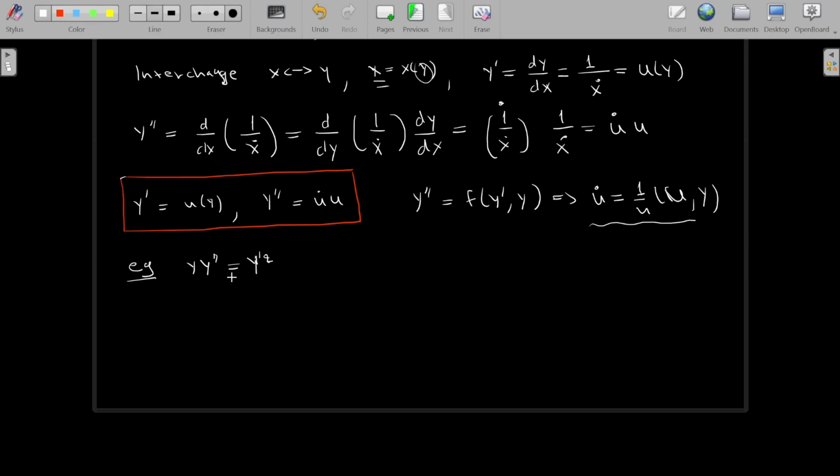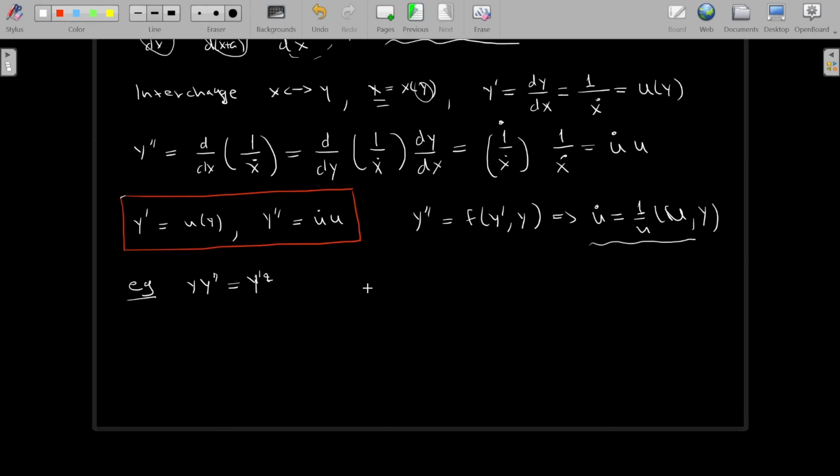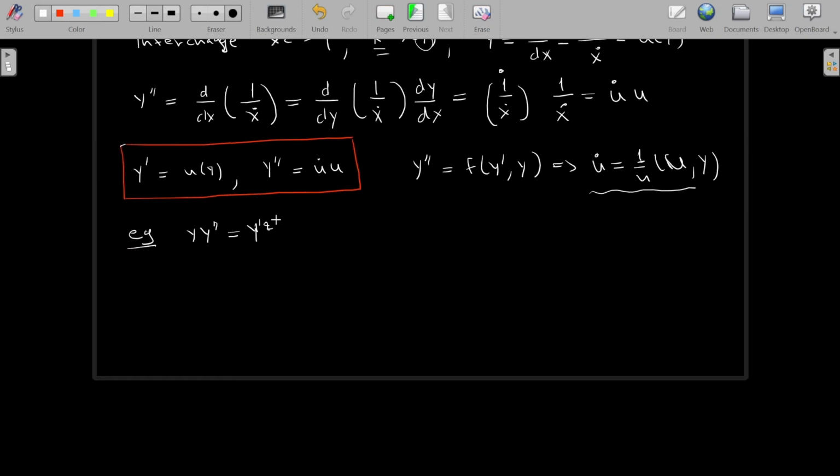Now, let's say we have this differential equation, and we're going to use these transformations. So y double prime is u du/dy, and this is equal to y prime squared, which is u squared. So this and this go away, meaning that du/dy is u over y.